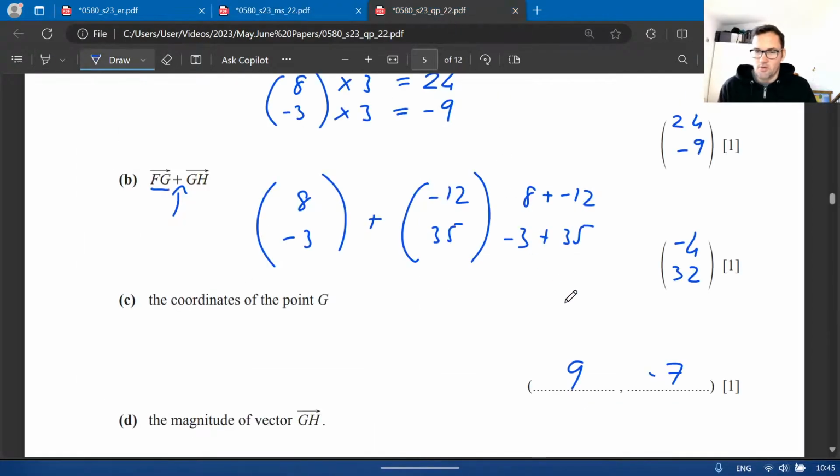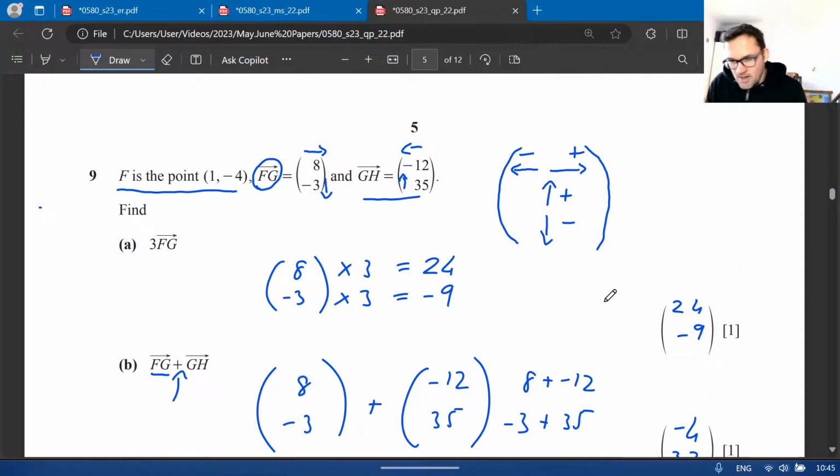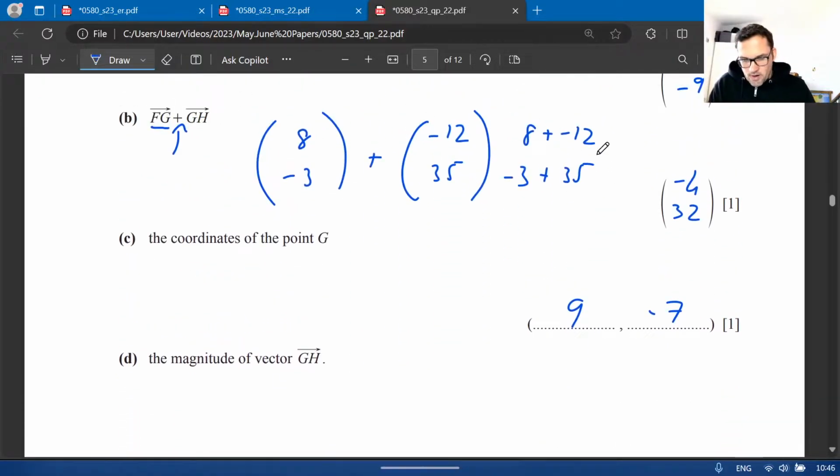How to do this if you don't have a grid to play around with like I just did, okay? Just remember that the one that is the x value, and the x value is the x-axis. And the minus 4 is the y value, that's the vertical axis. And in our vector, horizontal is represented by the top number and vertical by the bottom number. So if I've got a 8, it was 8 minus 3, wasn't it?